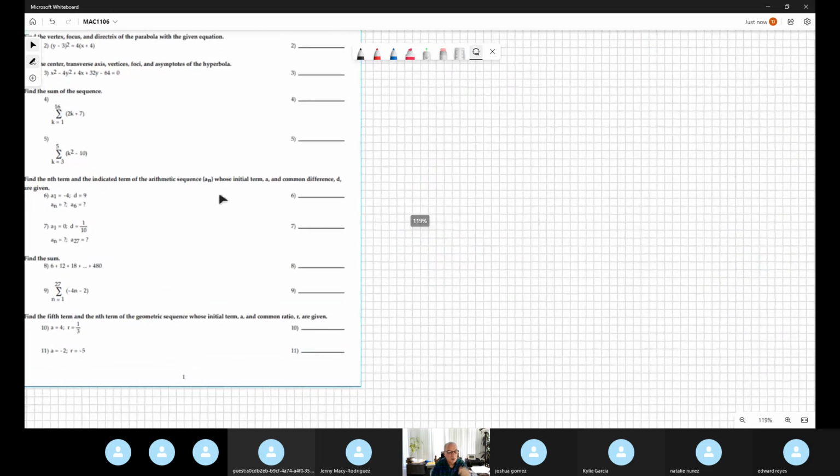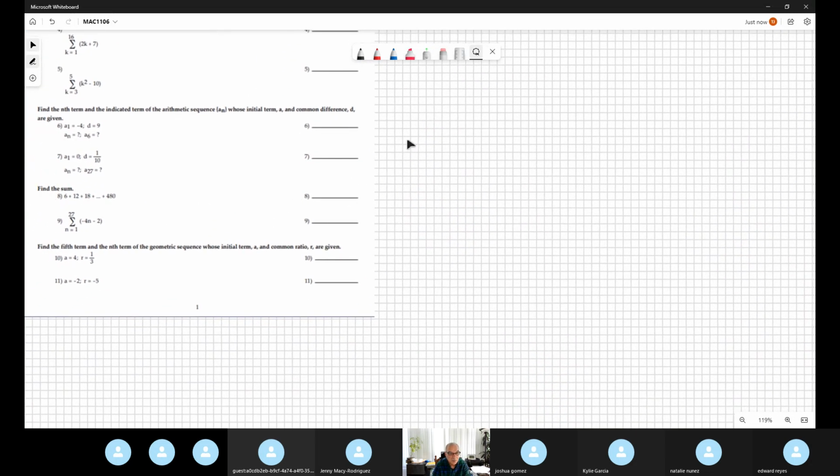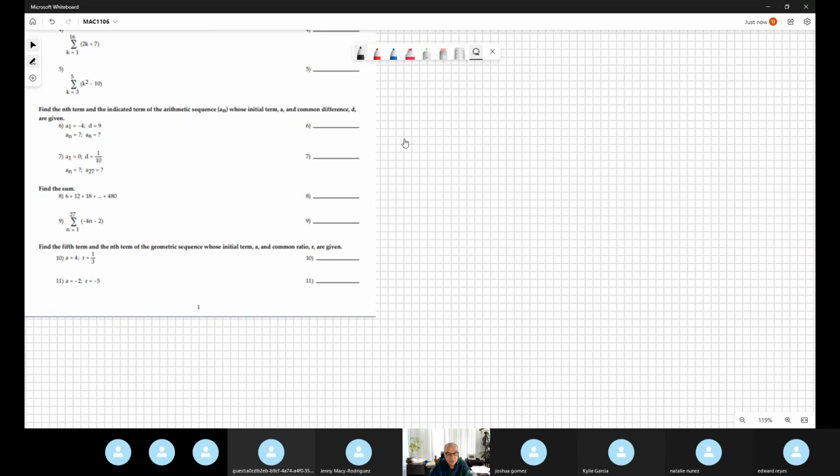One summation is given: 6 plus 12 plus 18 plus, ending in 480. And this looks like an arithmetic sequence because the common difference is 6. 12 minus 6 is 6. 18 minus 12 is 6. D is 6.